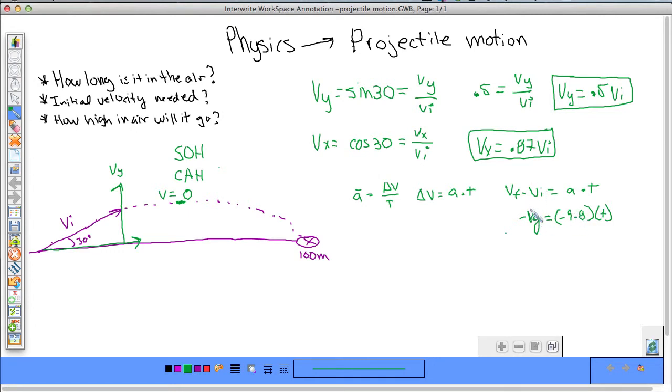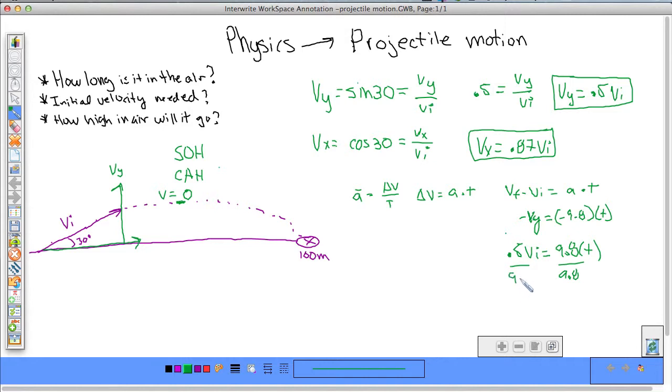So we could just insert this: if Vy equals 0.5 times my initial velocity at the angle, I could say 0.5 Vi equals 9.8 t. What I did is I took the negative off both sides. All right, so let's go ahead and divide both sides by 9.8.